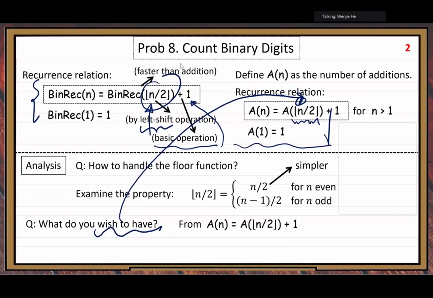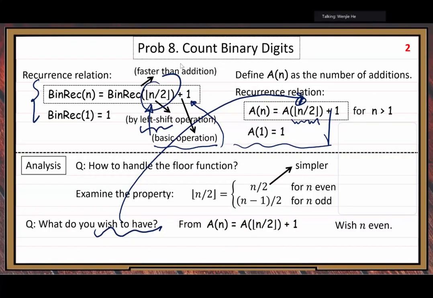In order to see the best case scenario, the first time we want to remove the floor function, our assumption should be that we wish n even.